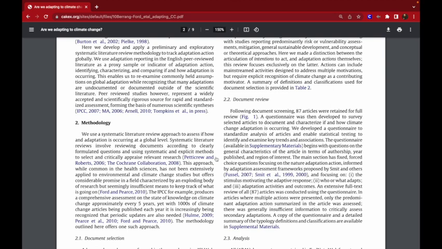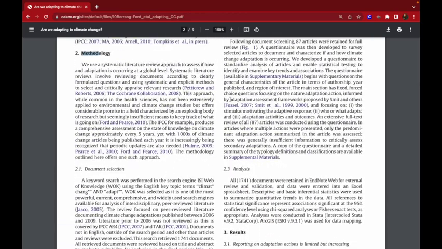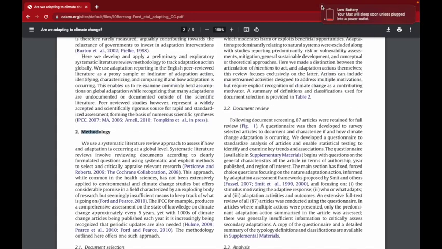If this was, does a feather drop faster from the top of a roof versus a brick? They're going to explain what kind of brick they're going to use, what kind of feather they're going to use. Methodology, just focus on this first part of this word, which is method. So the method, how they're actually going to try to answer that question. That's the methodology section. Okay, so you can see the methodology section is a little less than a page.